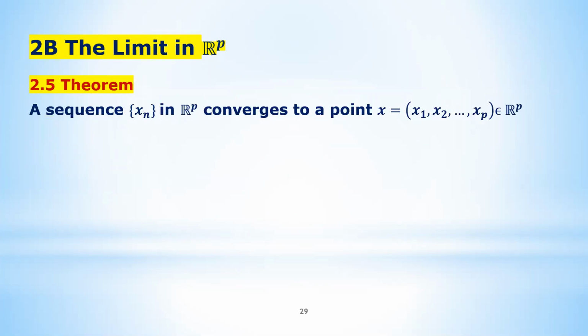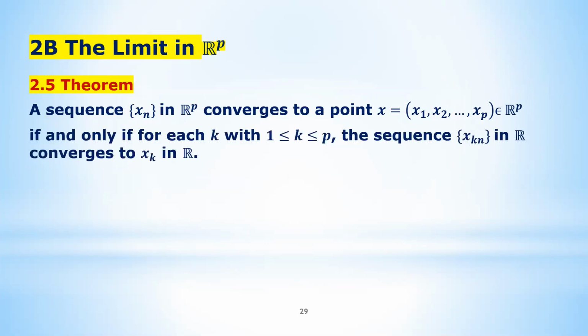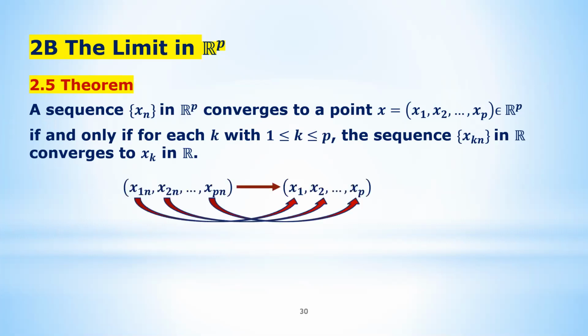It says that a sequence xn in R^p, a sequence of points, converges to a point x, which carries p components, if and only if for every k, the sequence xkn, the sequence of numbers associated with that component in R, converges to the corresponding component xk in the limit point.